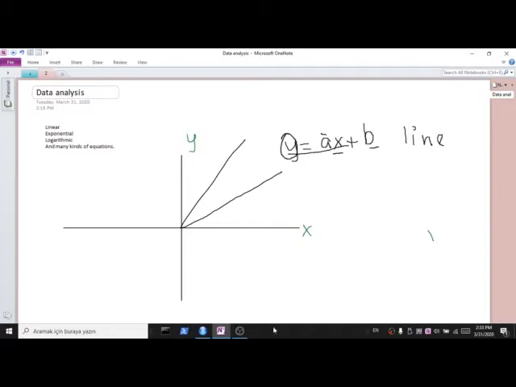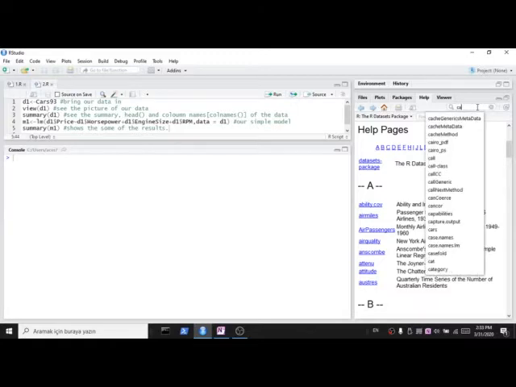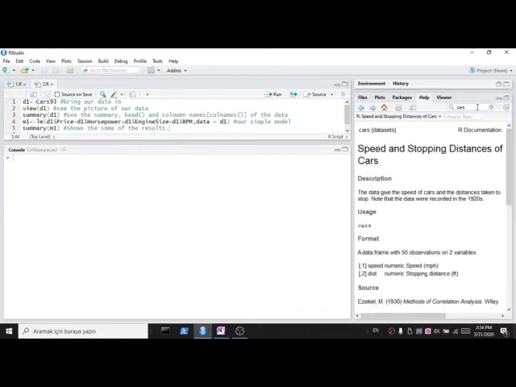Let's get back to our R program. As I mentioned, there are lots of datasets within the datasets package, but we will go over a big data frame. It's Cars93.